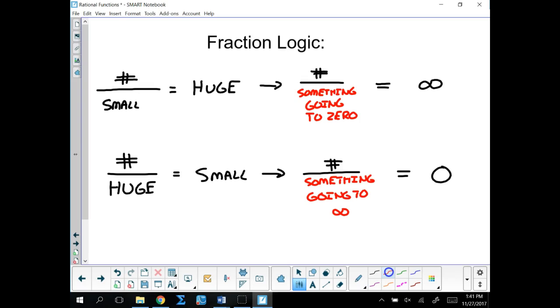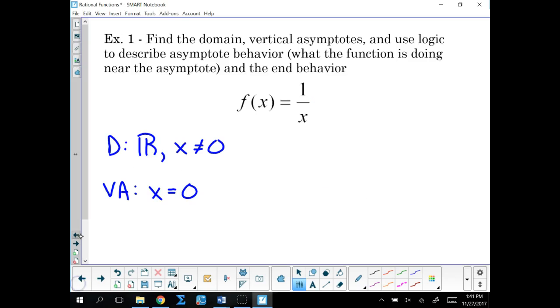Will it ever actually get there? No, but it's going to get closer and closer to that 0. Agree with me on fractional logic. Okay? So now, let's go back in here and let's talk about end behavior.